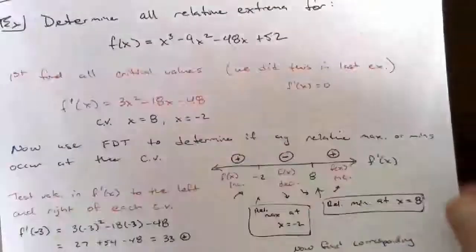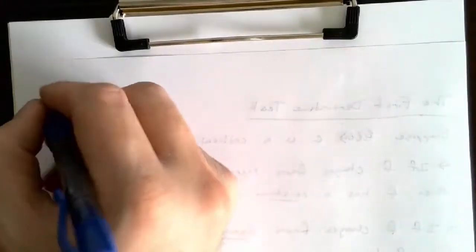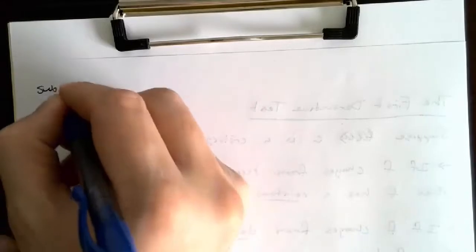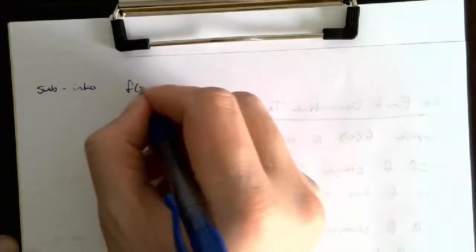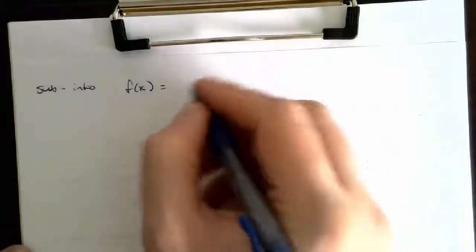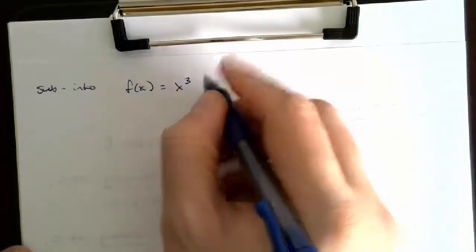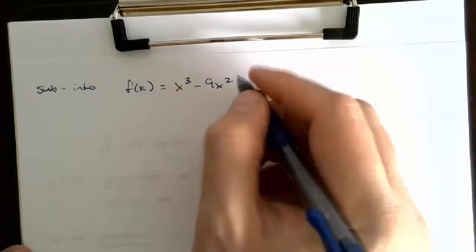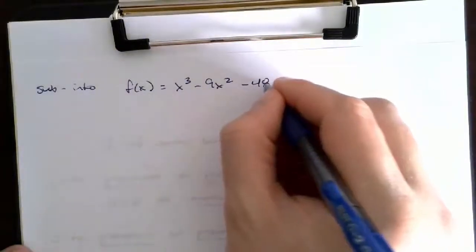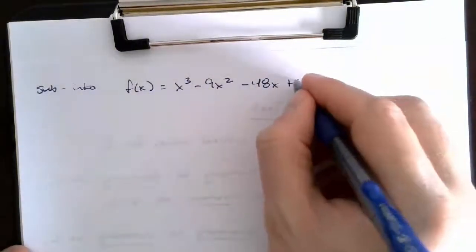We have our original function, which I'll rewrite, and then we'll look at what happens there. We want to sub into f of x equals x to the third power minus 9x squared minus 48x plus 52.